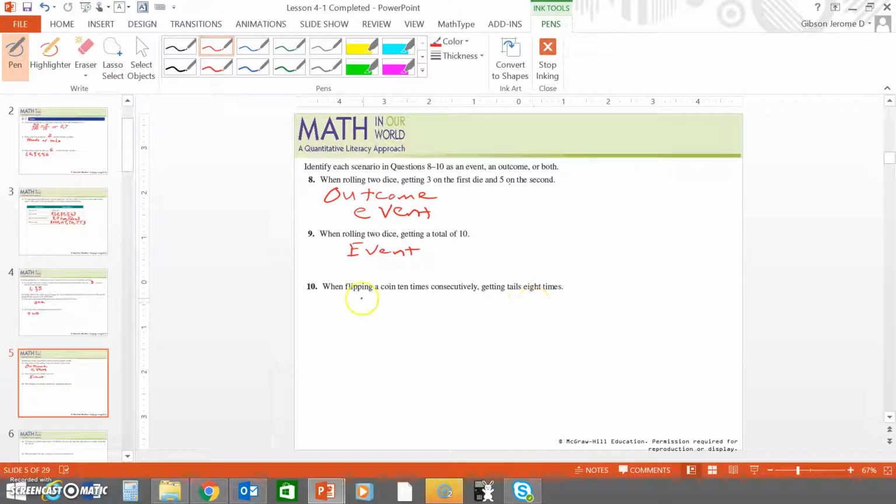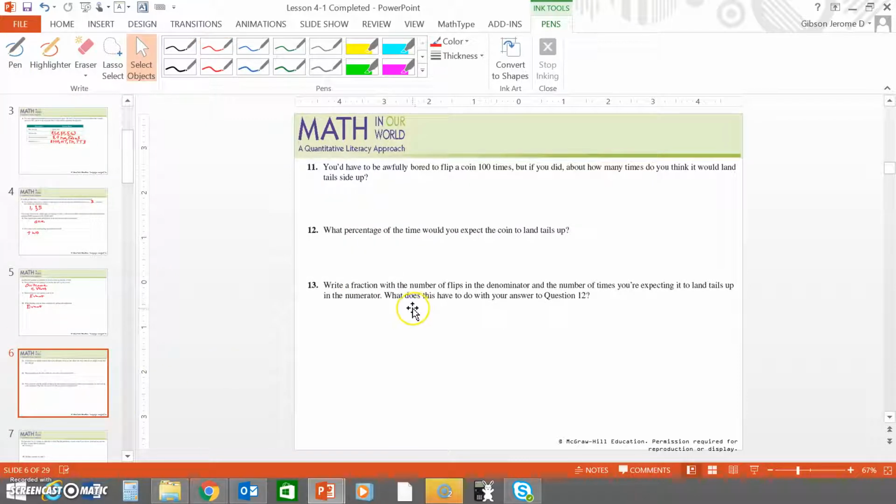Okay, now, this is an event. Again, you can look back at the definitions. If you don't understand it, when you come to class, we could discuss how these are outcomes and how these are events.